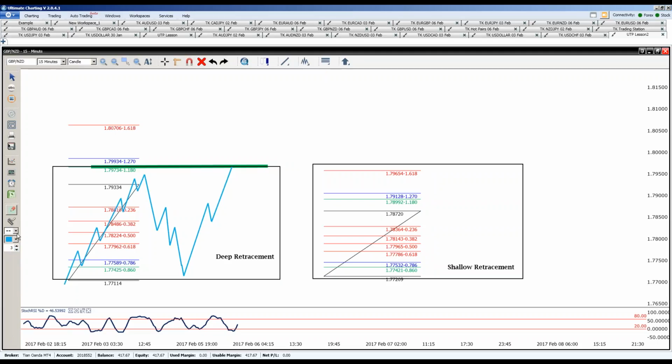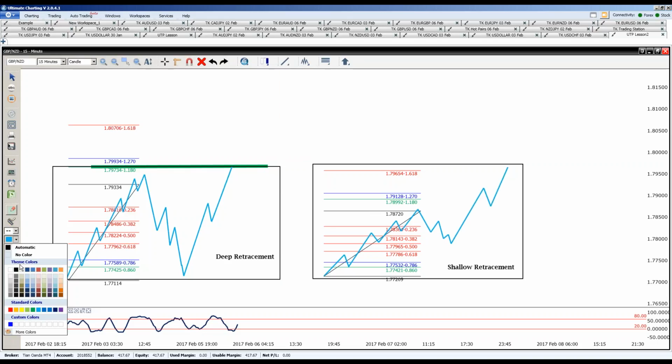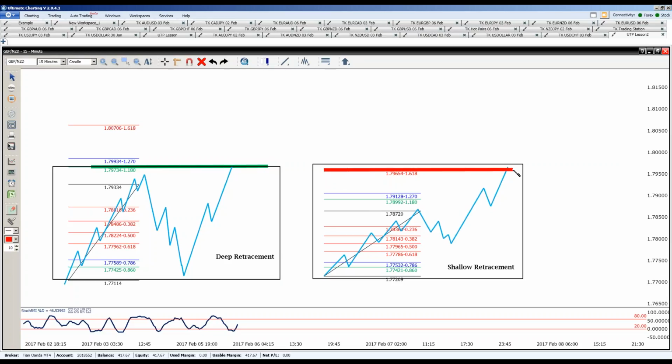A, B, C, D. There's the AB boundary, and now the market only retraces to the 382 or the 50 or the 618. Therefore, chances are the market will go and hit the 1.618 over there.